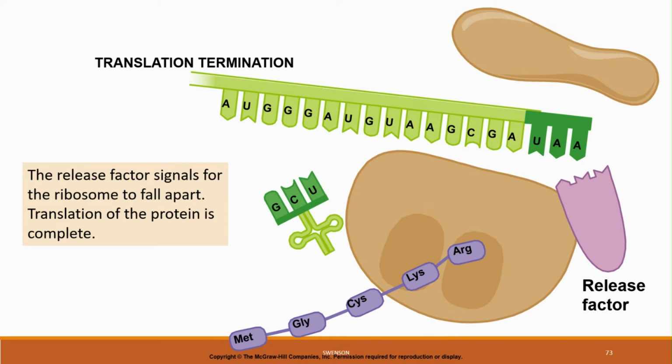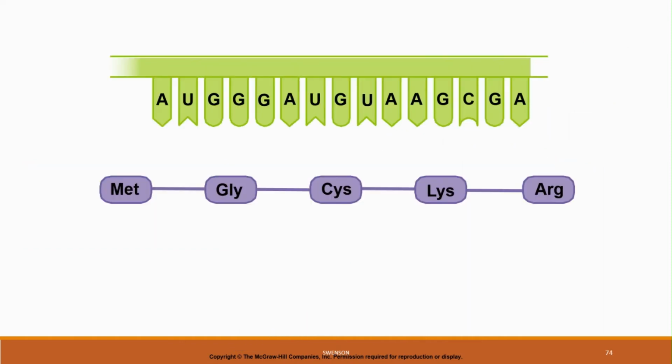The release factor signals for the ribosome to fall apart, and now translation of the protein is complete. So this release factor is going to bind to the stop codon. And here is the final string of amino acids derived from the codons of the mRNA.